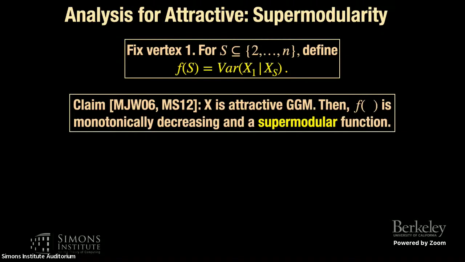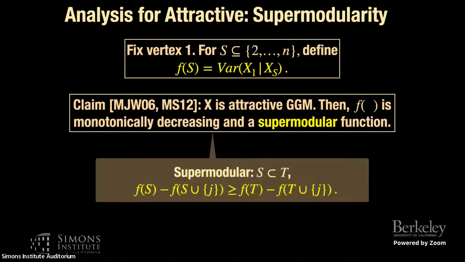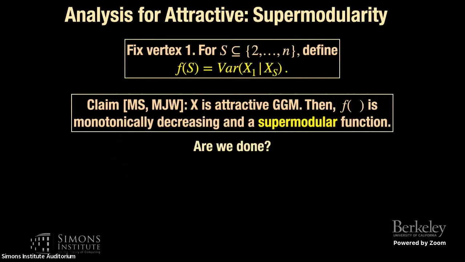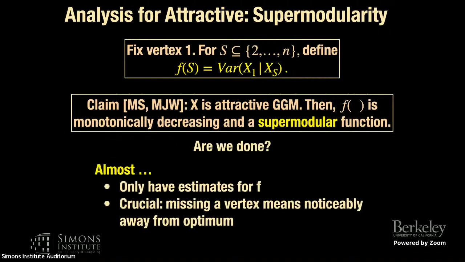It was known before. And once I know it's supermodular, I can use the greedy algorithm to run it. Just as before, if I have a supermodular function, I can maximize it. You have to spend a little bit of time to make sure you can do it with samples, but that's not too difficult. We don't have exact access to the function f of S. We have an approximate oracle for it, but we can manage to do it.